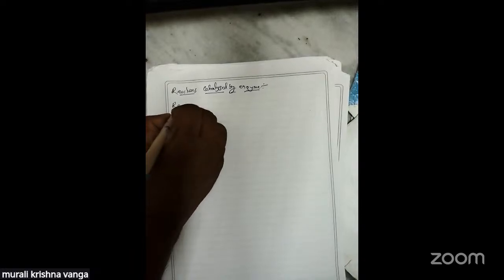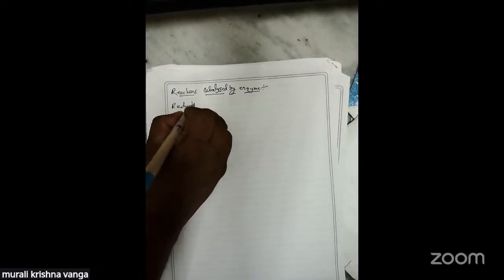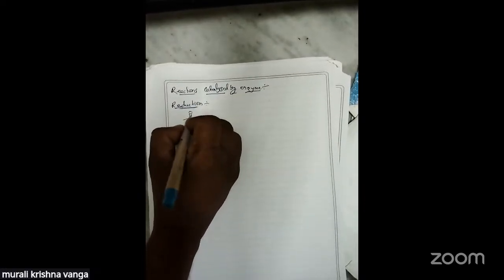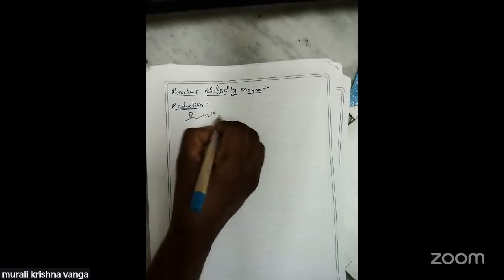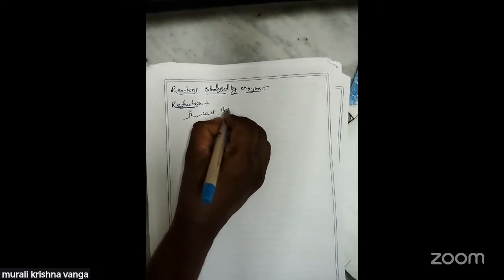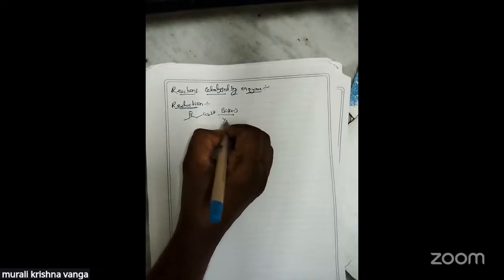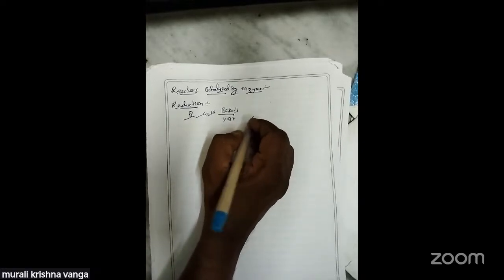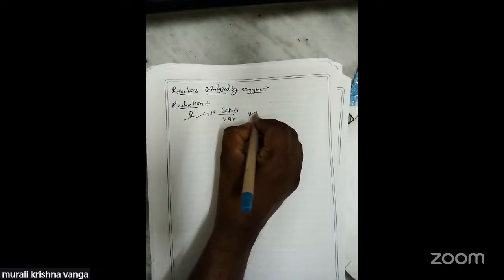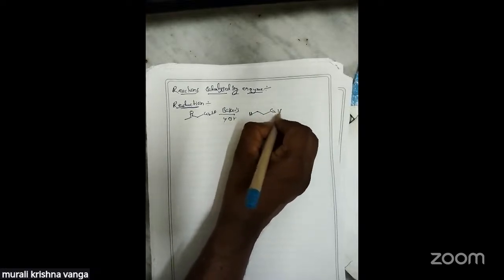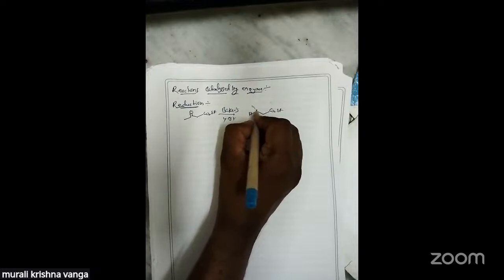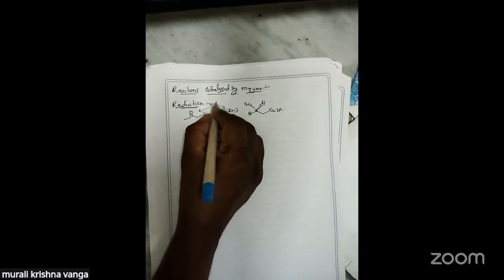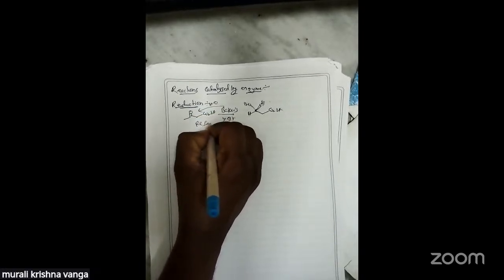Reduction: baker's yeast releases hydride on the re face only.